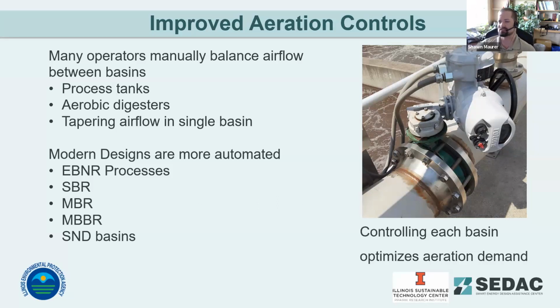So as we're looking at enhanced biological nutrient removal, sequence batch reactors, membrane bioreactors, moving bed bioreactors, and other simultaneous nitrification and denitrification processes, this automation is becoming more and more necessary to have tighter control over the DO, so we're not sending highly oxygenated water back into processes that should be anaerobic or anoxic.